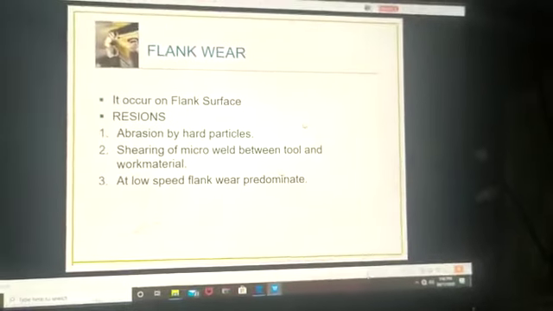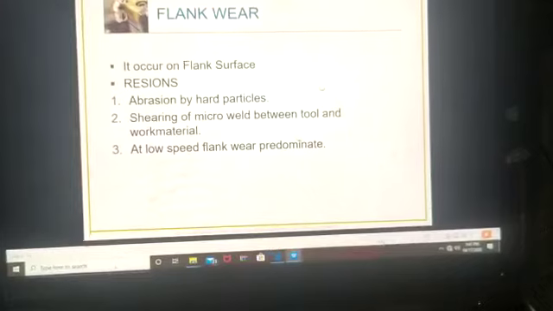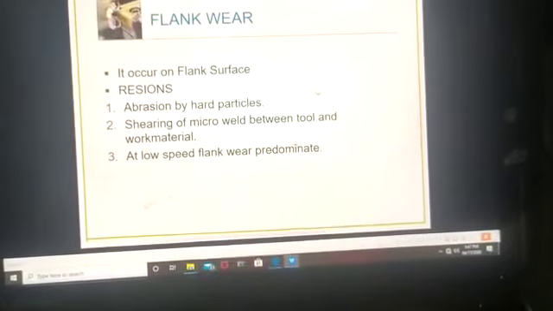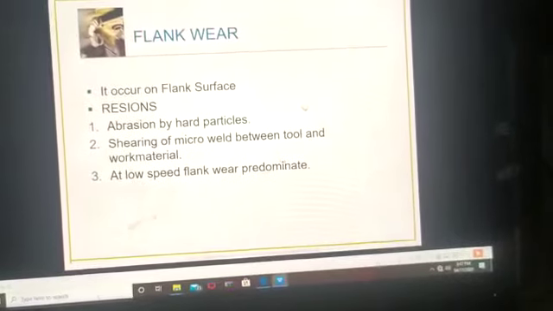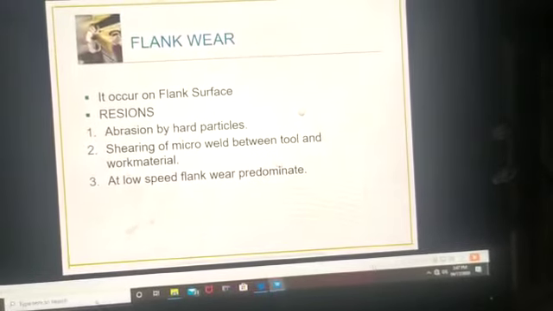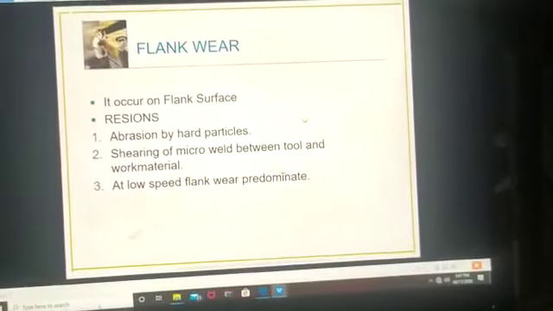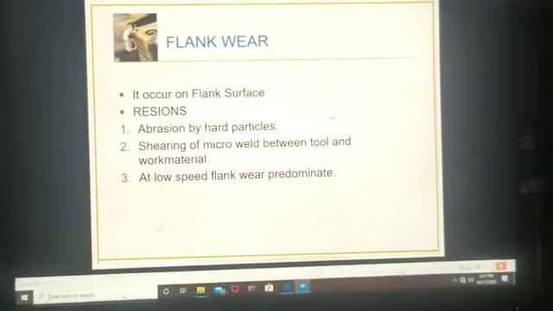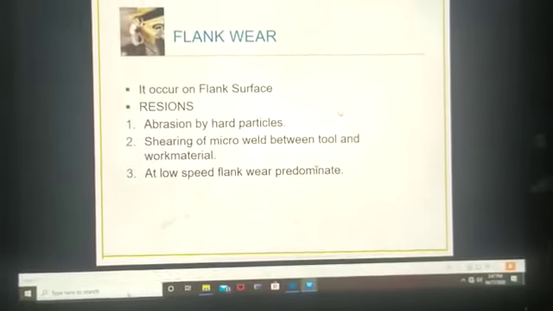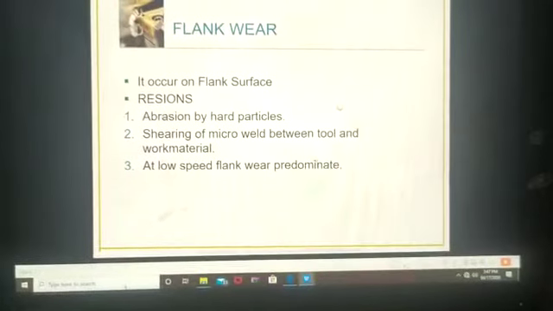The reasons for flank wear are abrasion by hard particles, shearing of micro welds between tool and work material, and third, at low speed flank wear predominates. So when the cutting speed is low, flank wear is observed in the cutting tool.